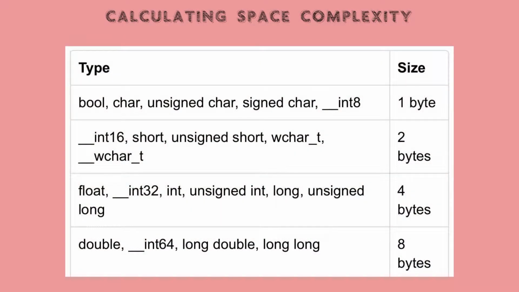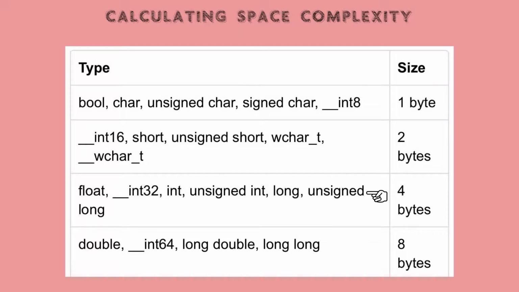Here is a table which shows the equivalent size in byte or bytes of a particular data type. Bool, character, unsigned character, signed character, and integer 8 is equal to the size of 1 byte. Integer 16, short, unsigned short, W character underscore T, and underscore W character underscore T is equal to the size of 2 bytes.